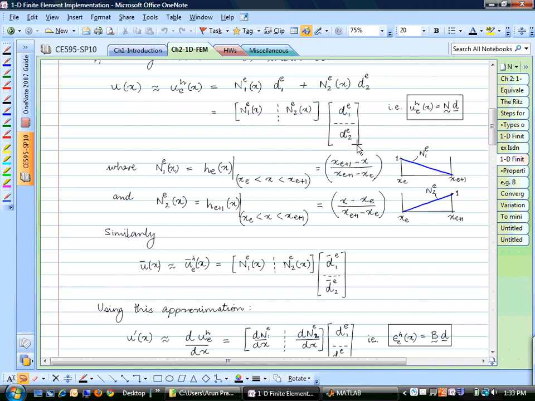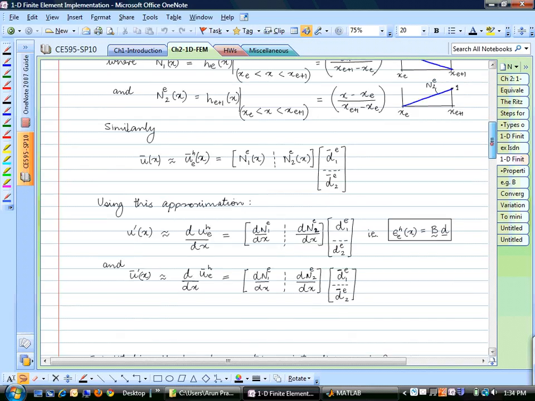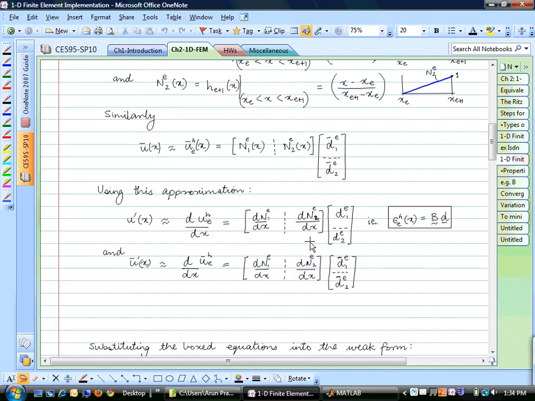This one is a matrix of constant coefficients. If you take the derivative of this, that will give you a measure of strain. So you can find the strain at any point in the element by just taking the derivative of this N shape function matrix. What you will get is this B, and this B is nothing but the strain displacement matrix.